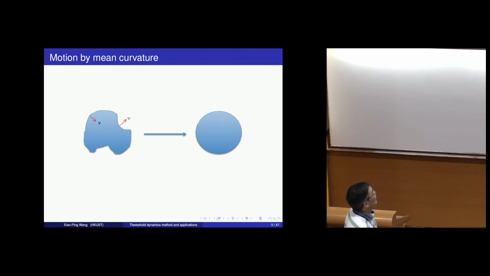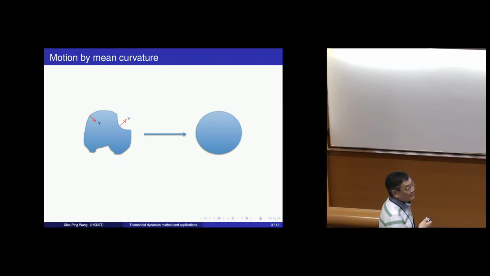So under this motion, the curve will turn into a circle and then shrink. Of course, you can also look at a fluid problem, where it will be a volume preserving interface motion.